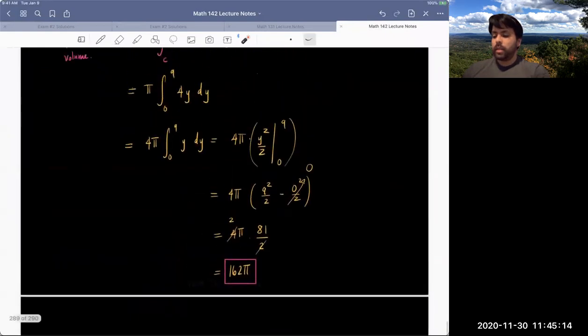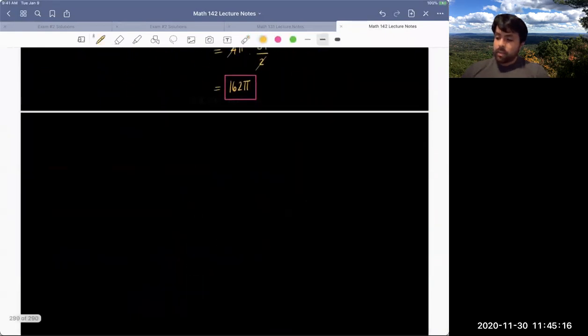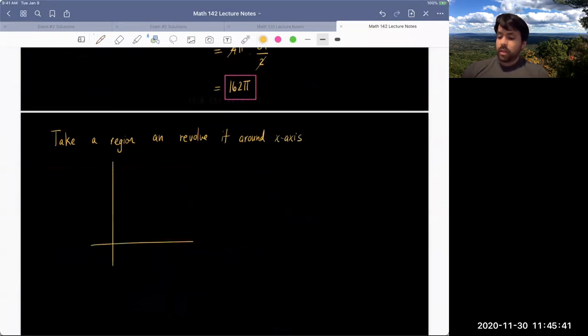Okay. So I guess I want to say what's the takeaway from all of this, right? If I take a region and revolve it around the x-axis, I'm going to give you just a generic function.